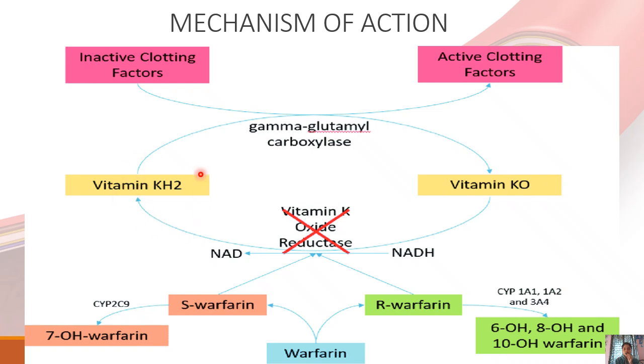If this is not formed, then gamma glutamyl carboxylase will also not be able to act, so activation of clotting factors will not take place. This is the whole mechanism of action: warfarin inhibits vitamin K oxide reductase.